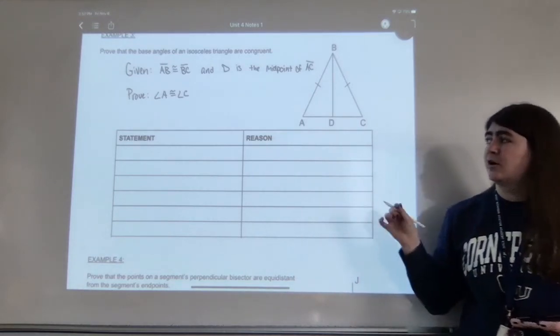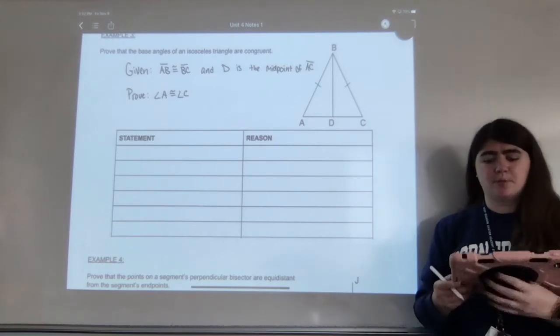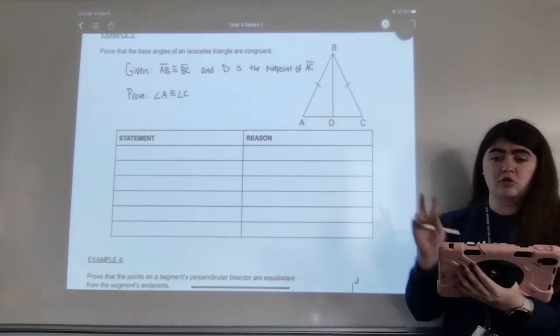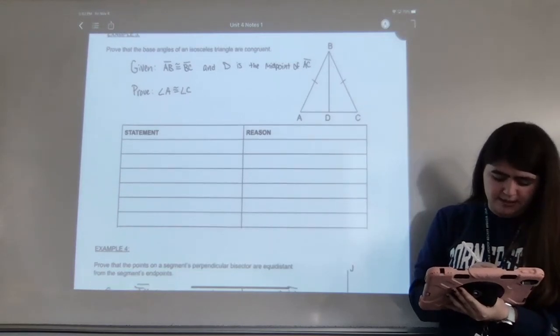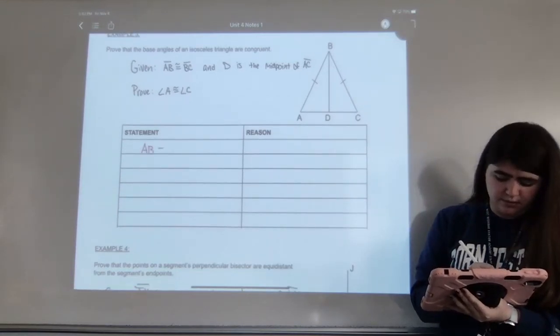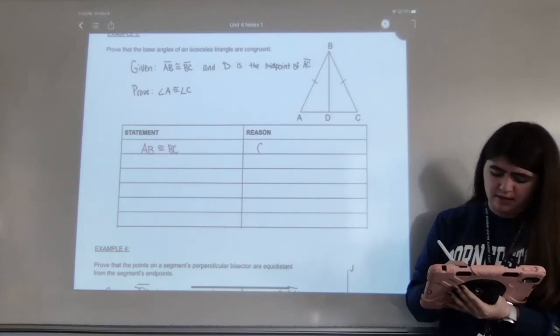And I'm going to start once again with my given statements, and I'm going to put those in my first two lines this time. So I have AB is congruent to BC, because it's given.